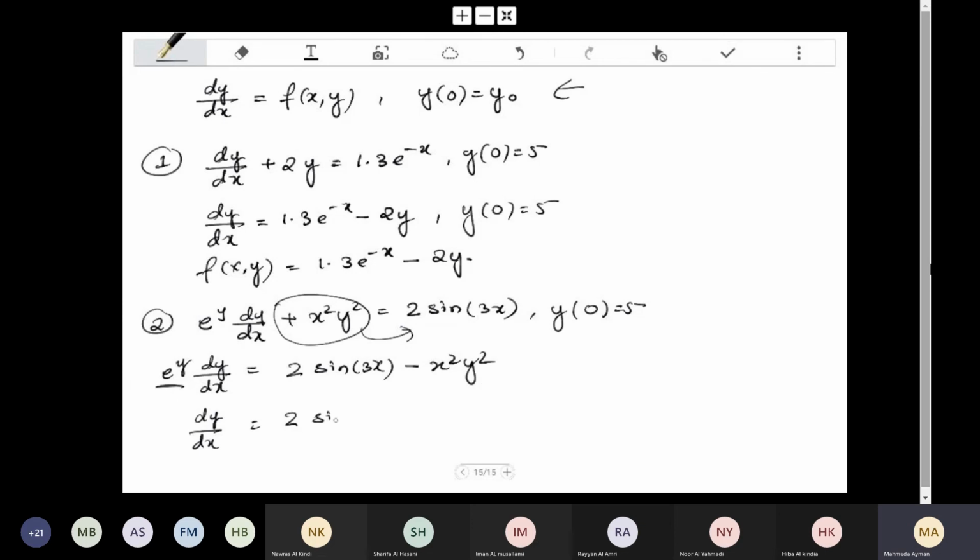So we have 2 sine 3x minus x square y square divided by e to the power y with initial condition y0 is equal to 5. So this is our f of x comma y, the function.